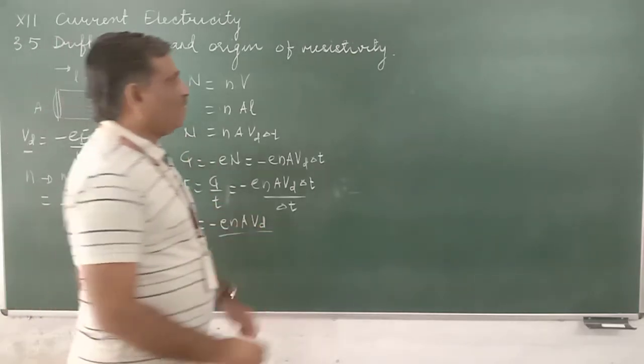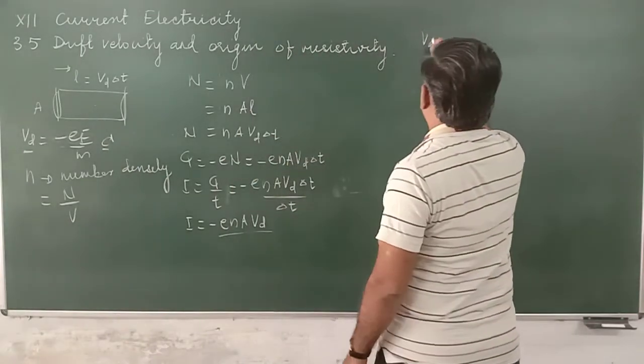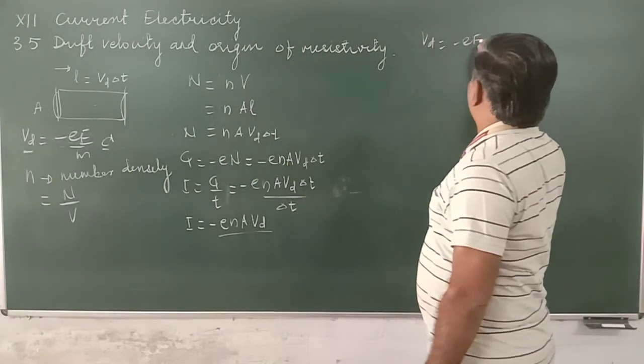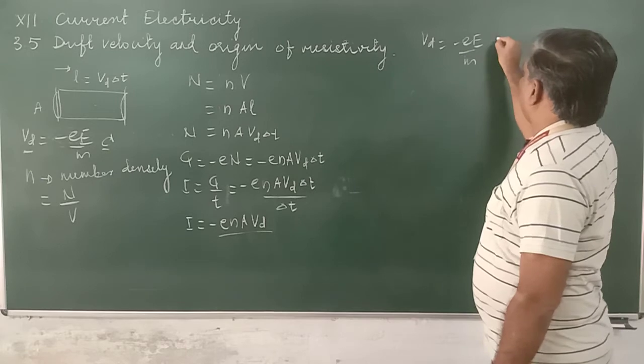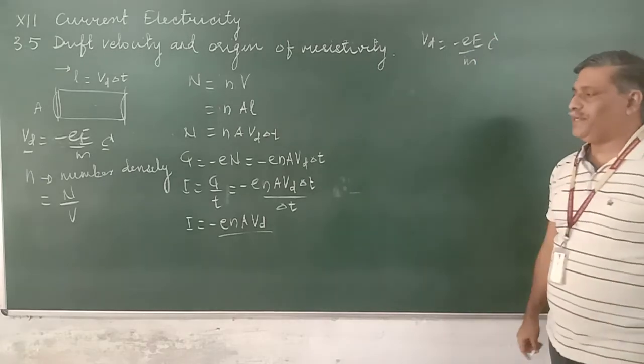Already Vd we have derived there. Vd is equal to minus e E tau by m. This is Vd.